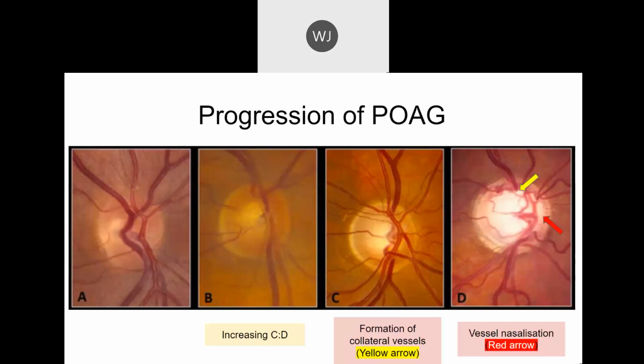And also there is a vessel nasalization where the vessels are all pushed to the nasal side. In this photo, it is a little bit hard to determine the nasal and also temporal because we cannot see the macula. But then vessel nasalization is one of the features in the fundoscope of POAG. Next slide.